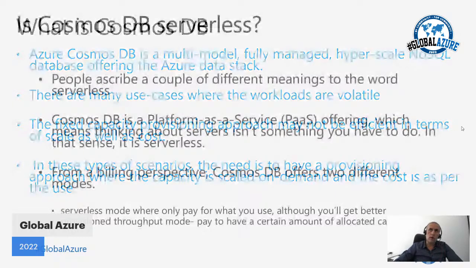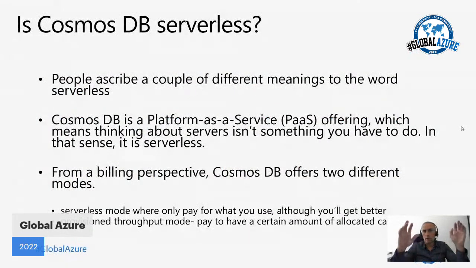When we talk about serverless, it is also a term with several different meanings. From one side, serverless is very often related to platform components, even for Cosmos DB. Cosmos DB is a platform component where you have no need to think about infrastructure behind the stage, and in this context, Cosmos DB is also serverless.